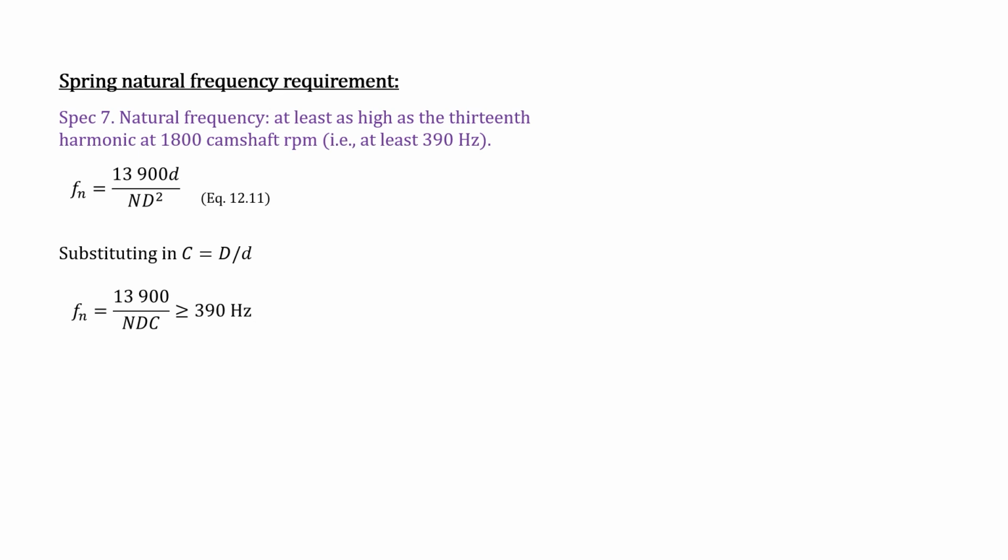I just wanted to note that in practice, we like to make sure that the natural frequency is at least 15 to 20 times the frequency of the force or the spring motion, just so we can avoid resonance, which once again, you'll learn about more next year. In this problem, they're just making sure it's as high as 13 times. So whatever.